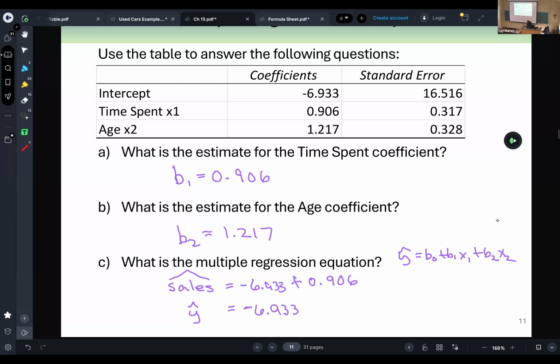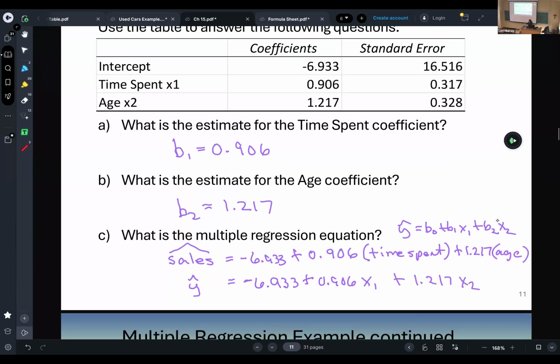That will be a plus, and we're going to multiply by time spent. This would be plus 0.906, and time spent is simply X1. Then you can add 1.217 times age, or 1.217 times X2. So in words is nice.